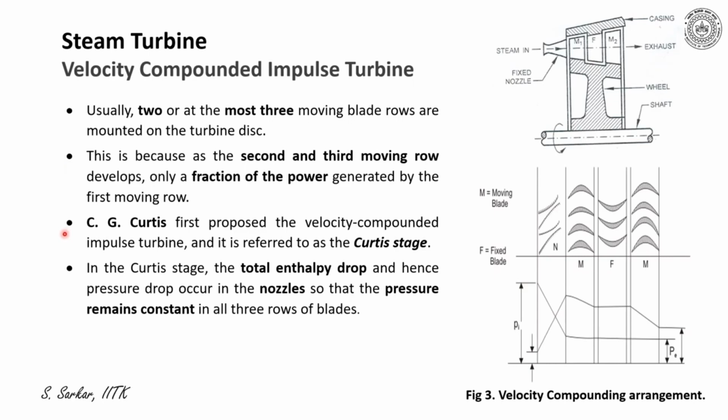C.G. Curtis first proposed the velocity compounded impulse turbine, and thus it is referred to as Curtis stage. Furthermore, as I have indicated, in Curtis stage, the total enthalpy and pressure drop occurs in the nozzle, and thus the pressure would remain constant in all the rows of moving and fixed blades.